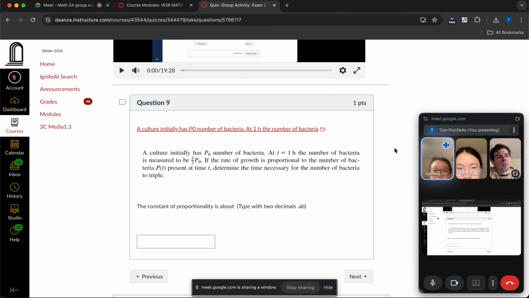We take ln on both sides, so we know k is equal to ln of 3 over 2. After we plug this into the calculator, it's going to be 0.4055, and we round it up to 0.41.